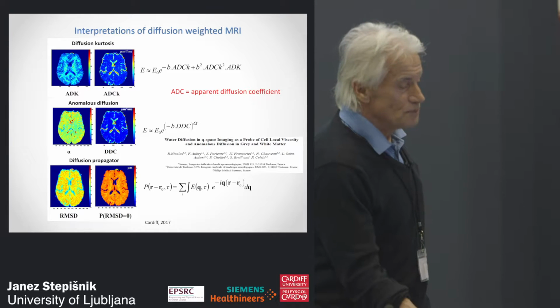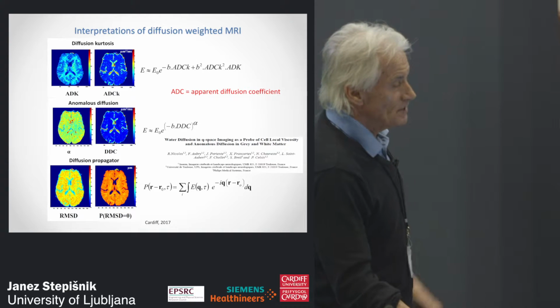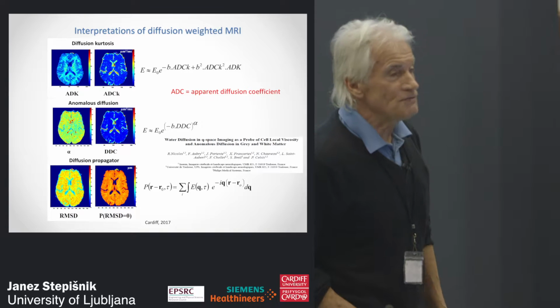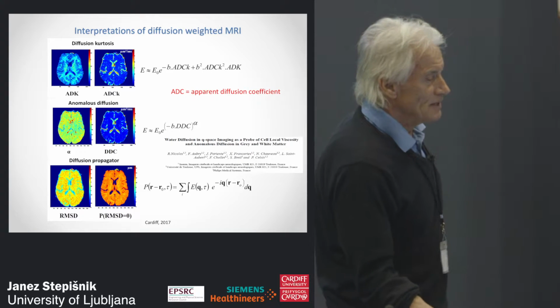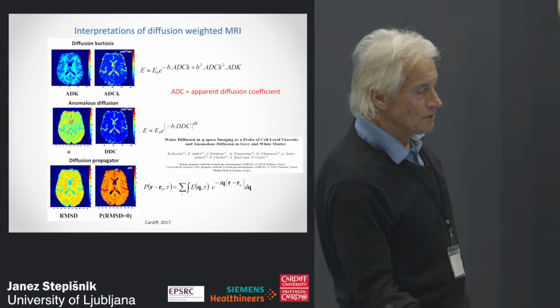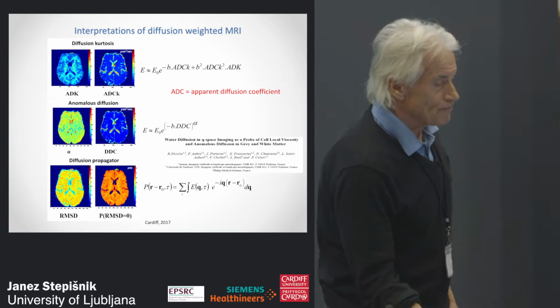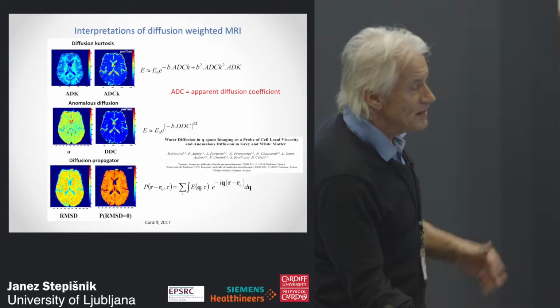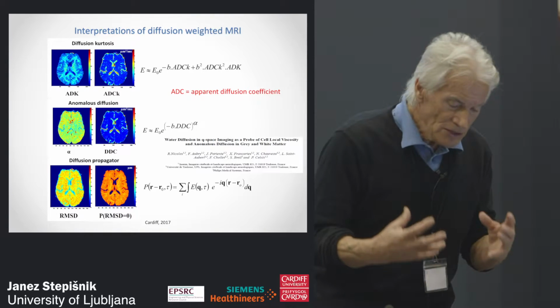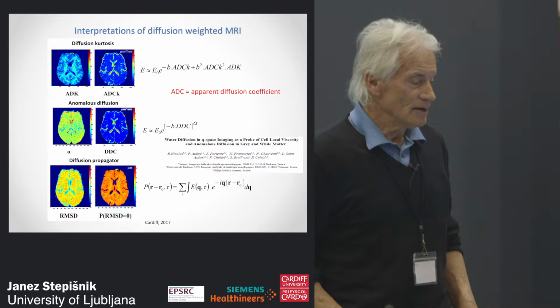You can also use the propagator, as Jörg just explained. But what kind of information about the motion can we get from this data? Here we have the picture of this alpha. And here is another picture of apparent diffusion and deviation from the apparent. What kind of information about the motion can we get from these pictures?